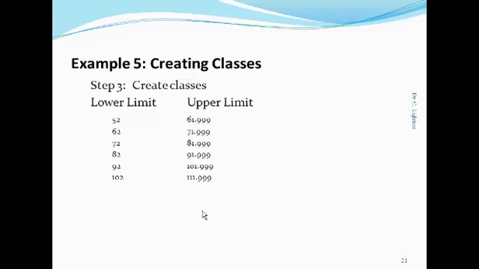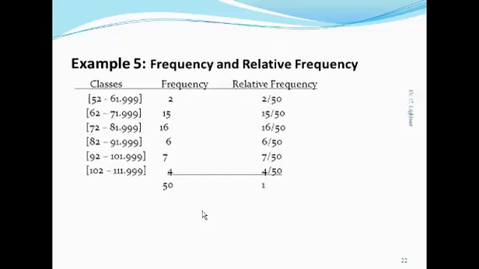You can pause the video again at this time and go back to the original data set and try to accurately compute the frequency for each of these classes. You should have obtained these frequencies for each class.